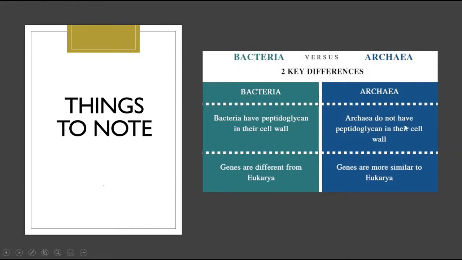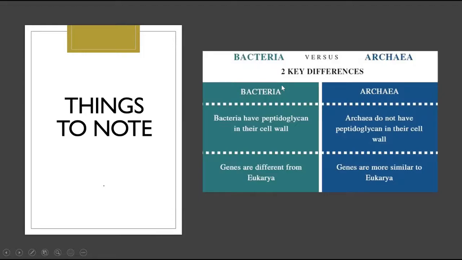Archaebacteria is called the linkage between the prokaryotes and the eukaryotes, so it's a very important group. They have some features common to bacteria and some, very little, common to eukaryotes, but they are categorized under the prokaryotes.